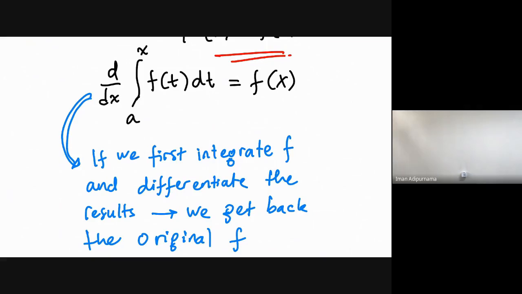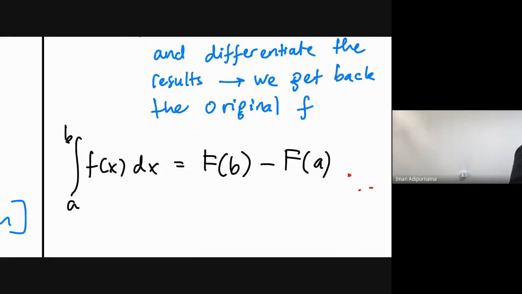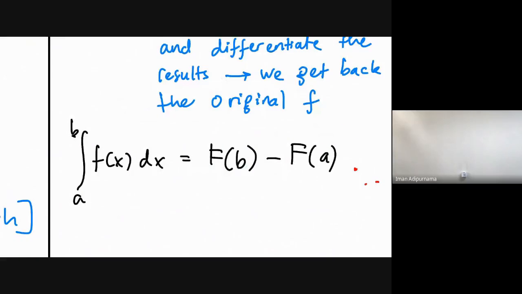So this is a key point in this section, the fundamental theorem of calculus. And second is this, for the definite integral. If you have the integration from a to b, basically you can subtract the antiderivative, F(b) minus F(a).